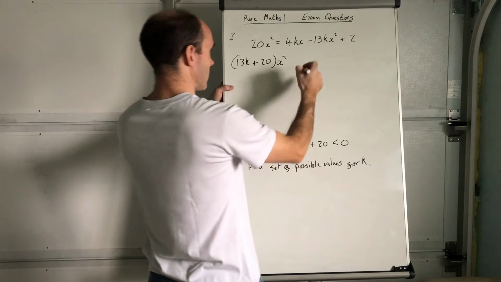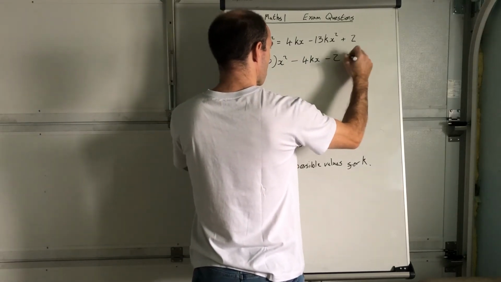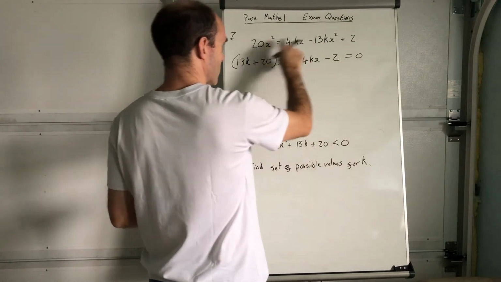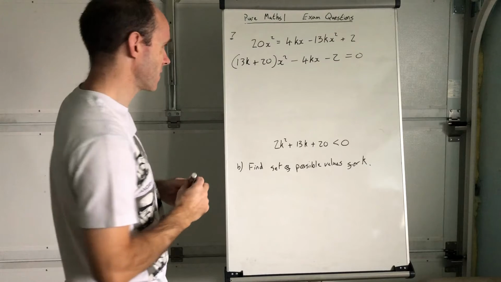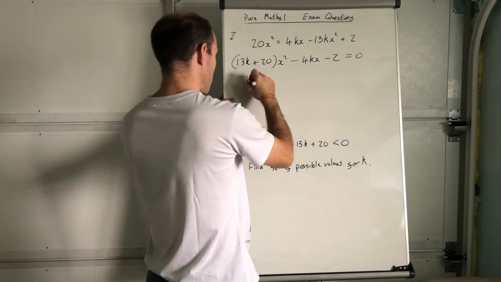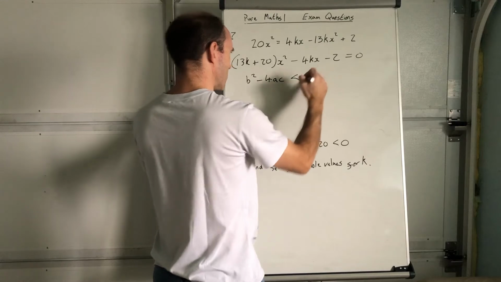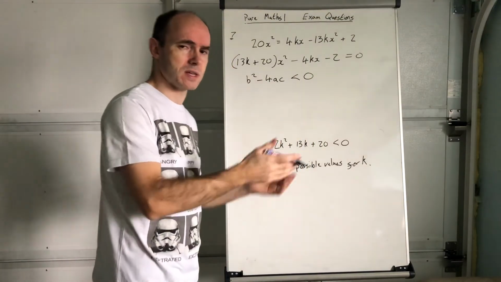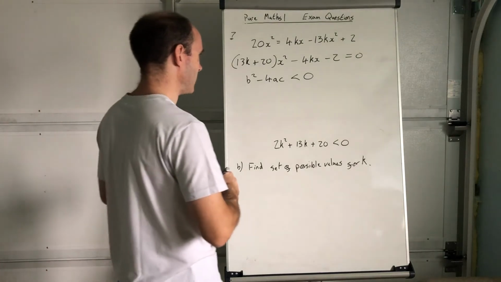And then subtract 4kx, subtract 2 equals 0. See what I've done there? All of these just on that side. So you need a quadratic equals 0. Whatever you do, make sure you write b squared minus 4ac less than 0 somewhere, because that shows the examiner you know what's going on. Then let's go ahead and do it.